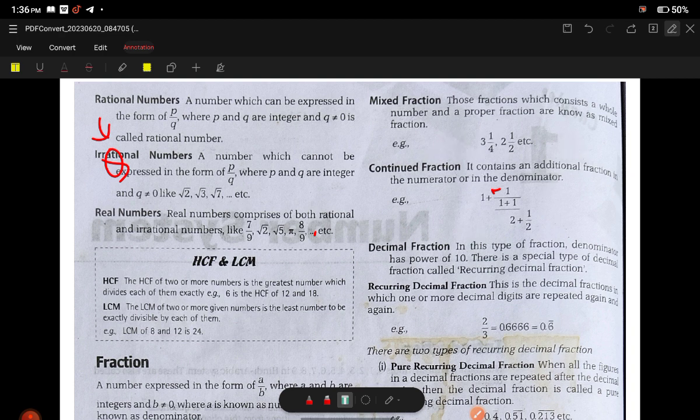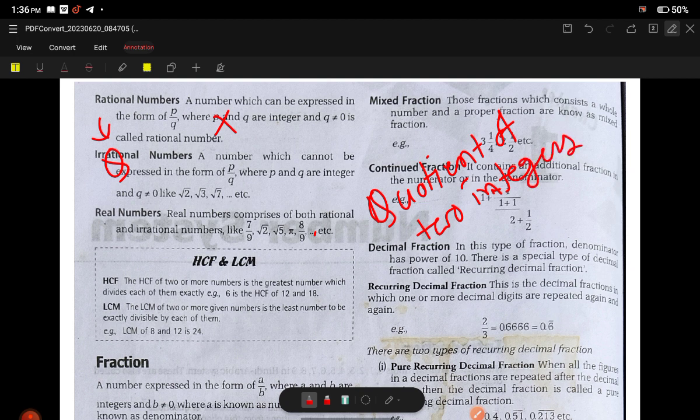So what is a rational number? If anyone asks, you don't say that it is a number which can be expressed in the form of p by q. You will say a rational number is a number which can be expressed as the quotient of two integers. Then you can explain that p and q are both integers and q is not equal to 0, but the main definition is the quotient of two integers.